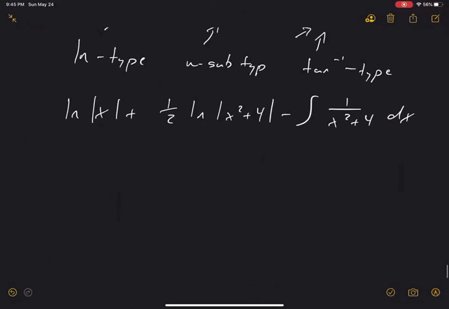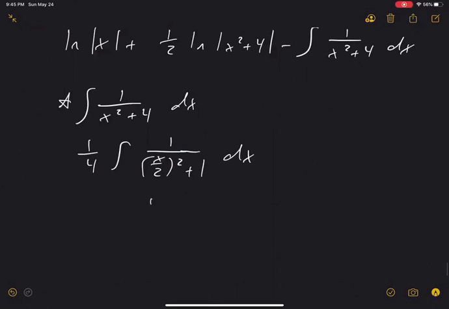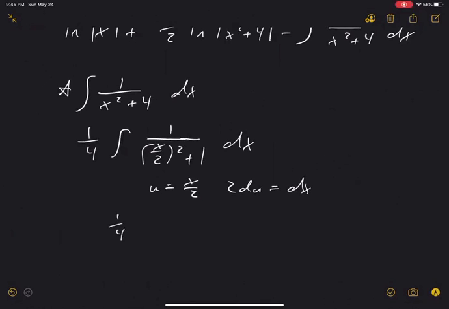Okay, so I'll walk you through this integral real quick. 1 over x squared plus 4. Let's just focus on this thing. I pull out that 1/4. I think this is the exact one I used as an example earlier. I do u equals x over 2. So 2 du equals dx. Okay, so my integral becomes this.